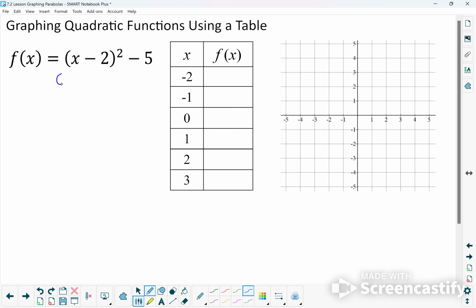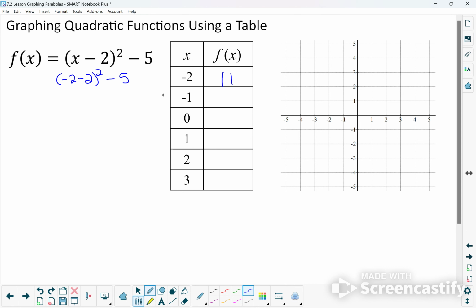So our first input, -2 minus 2 squared minus 5. You are welcome to use a calculator to do that, or you can think through it on your own. This gives us, let's see, I think it's 11, but let me double check it in case I'm doing my math badly today. Yeah, 11.